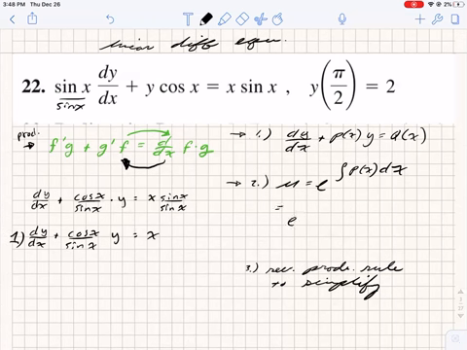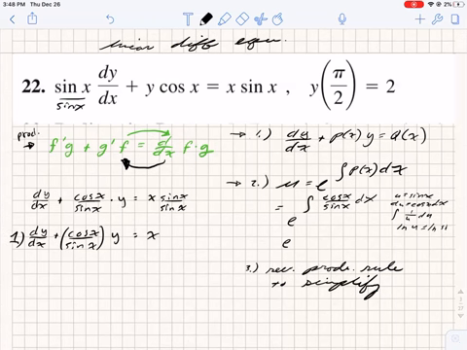So mu is equal to e to the integral of P of x, which is cosine x over sine x, dx. If you let u equal sine x, du is equal to cosine x dx, then you're going to be left with the integral of 1 over u du, and then we're going to be integrating that.